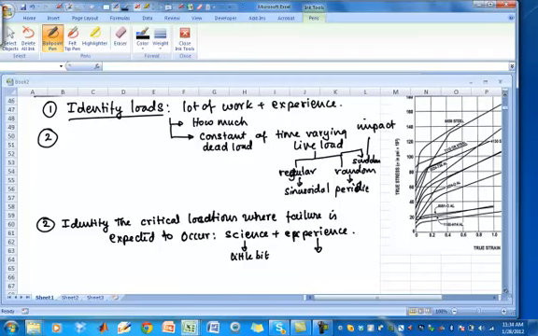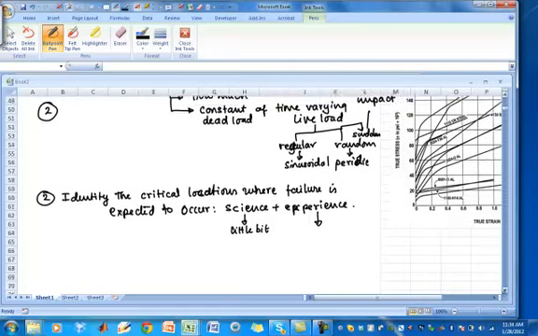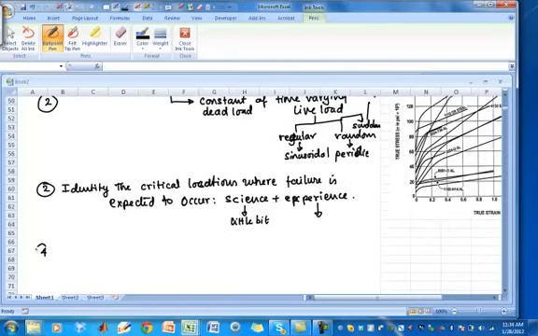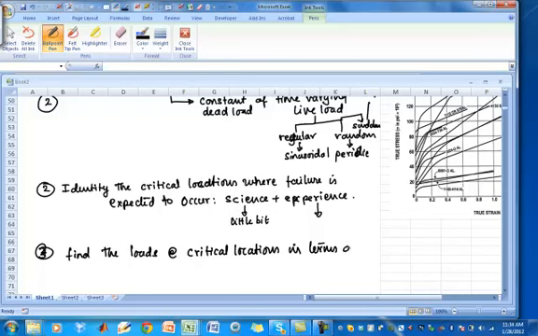Okay. The next one, after you do this, 3 is you have to find the loads at these critical locations in terms of external loads.